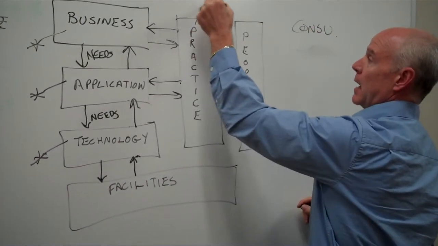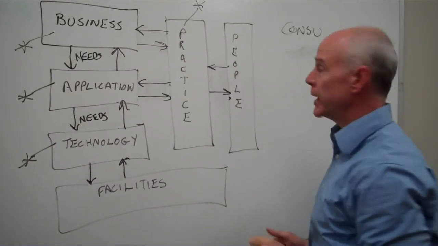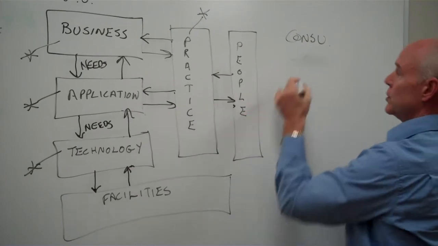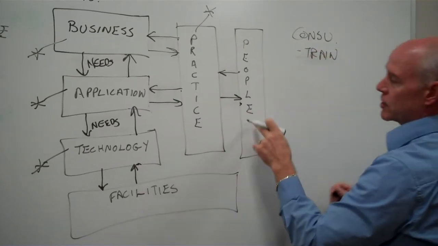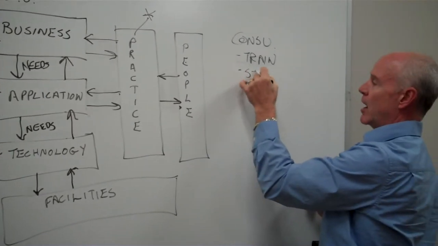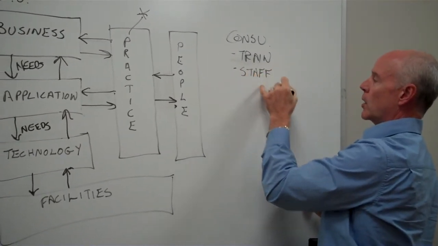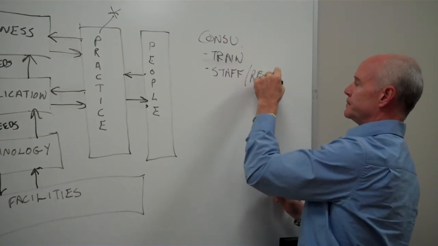I may have to sell some consulting around developing this knowledge repository. I may even do types of consulting for training. I'm going to provide training services. I might even have to provide staff augmentation and or hiring services, recruiting services, right?